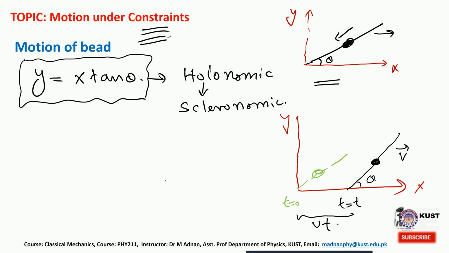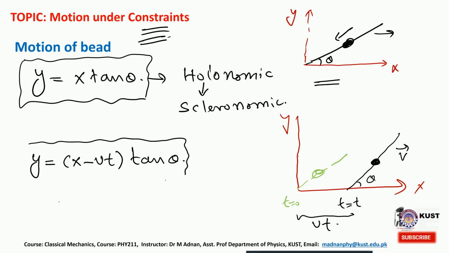Just to write the same equation of constraint for this system where the wire is moving with respect to x, now the equation of constraint will be y equal to x minus vt times tangent theta.